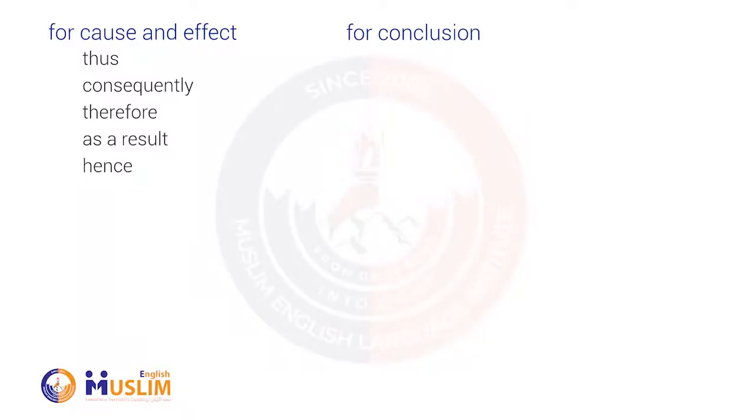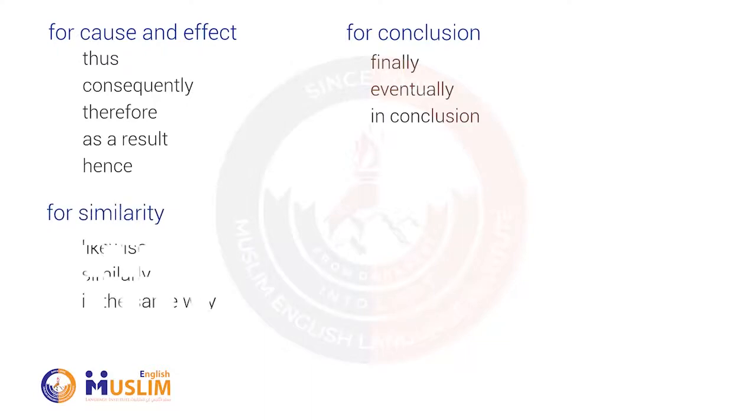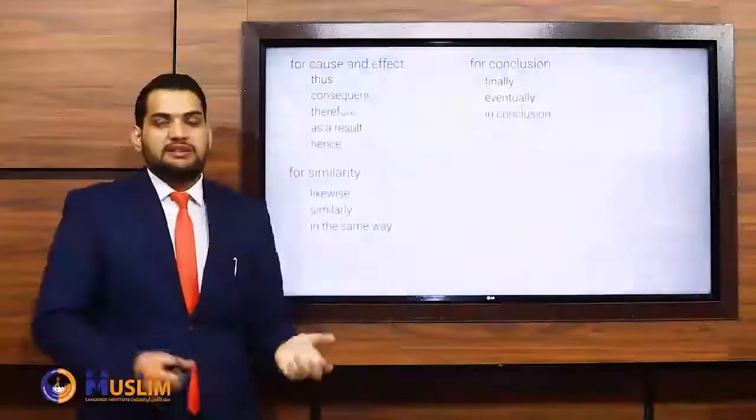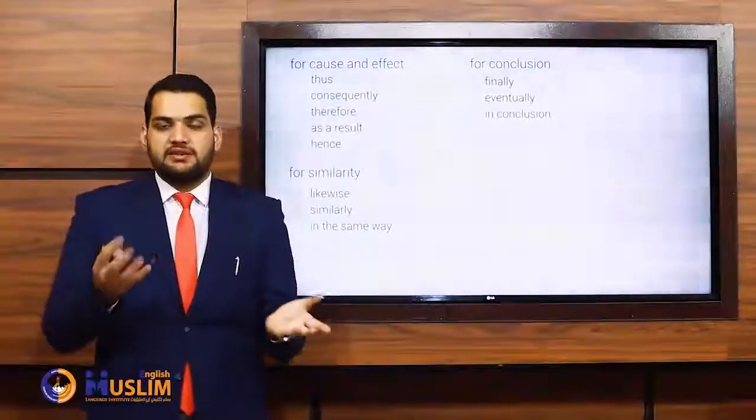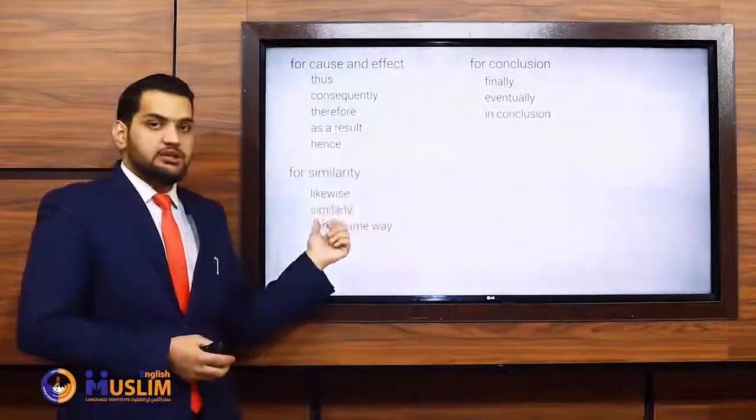For conclusion or for a result, we can use finally, eventually, or in conclusion. For similarity, we can use likewise, similarly, in the same way. When things are similar or when ideas are similar, we can use these transitional words or phrases.